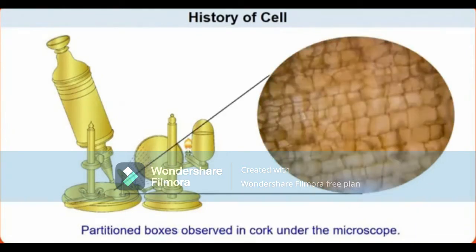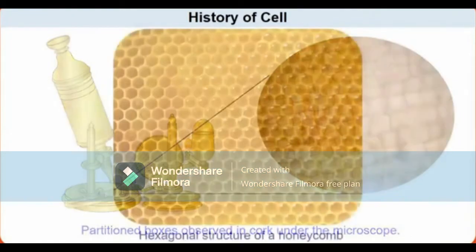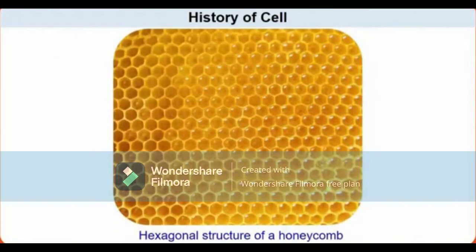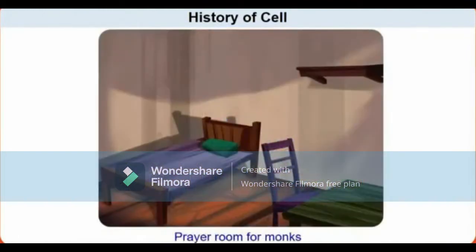He noticed partition boxes in the cork. Some say these boxes appeared like a honeycomb, a hexagonal structure that is found on the inside of a beehive. Hooke thought it resembled a prayer room, where one box was separated from the other by a wall or a partition. These prayer rooms were called cells, so Hooke named these boxes cells.